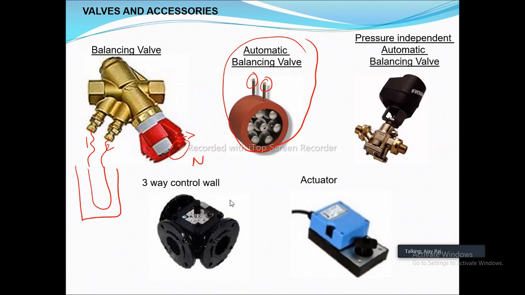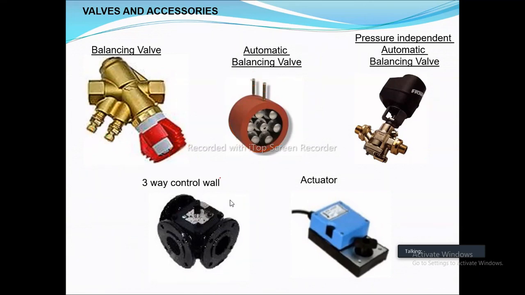So basically, the next one is the control valve. What is a control valve? So this is an actuator. You can put this actuator on top of this. What happens is there's a thermostat.